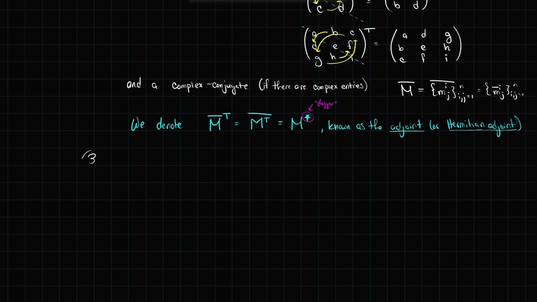And then step 3, we're going to compute the matrix against its adjoint, and you're going to test if that's equal to the identity.